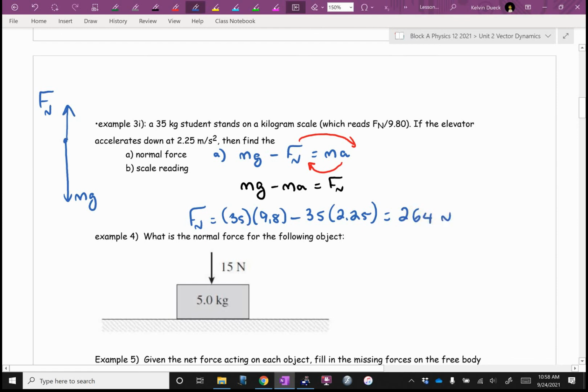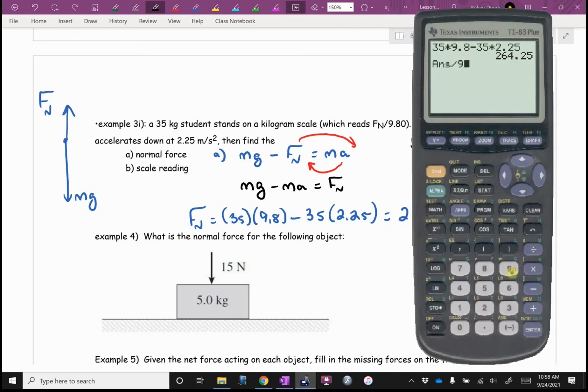Now, of course, a standard bathroom scale doesn't read newtons. What does it read? Kilograms. So part B says, what's the scale reading? I'm going to do part B right up here because I got room. How would I change newtons into kilograms? It's going to be 264 divided by 9.8, although I'm going to use my answer button, divided by 9.8.